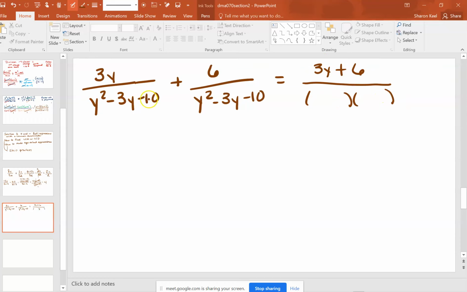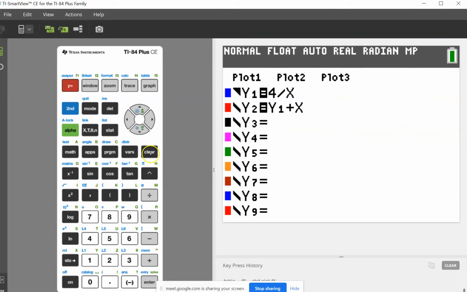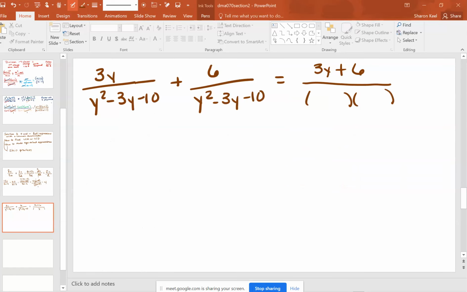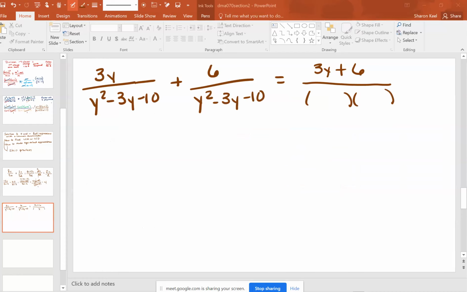So we have 1 times negative 10, so that's a negative 10. We are looking for, what was our middle number? We're looking for a negative 3. Here's my negative 3. That gives me a negative 5 and a positive 2. So a minus 5 and a positive 2.